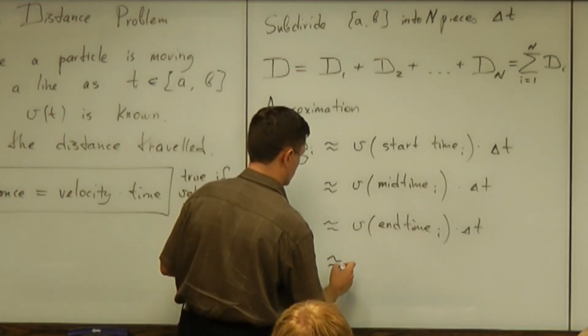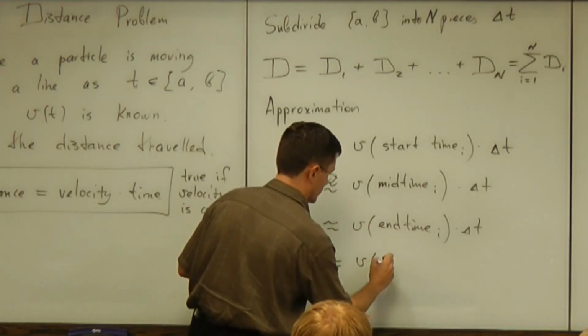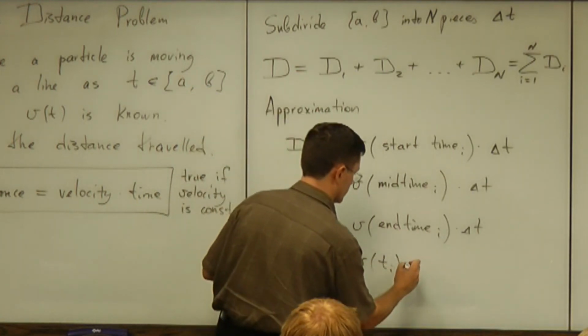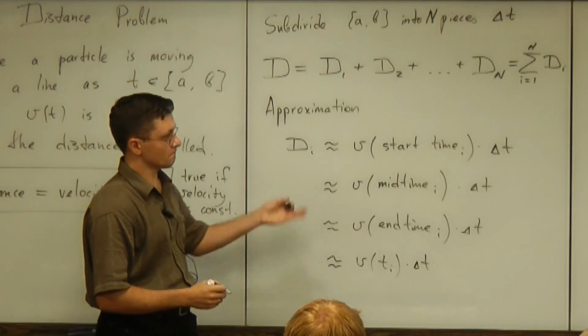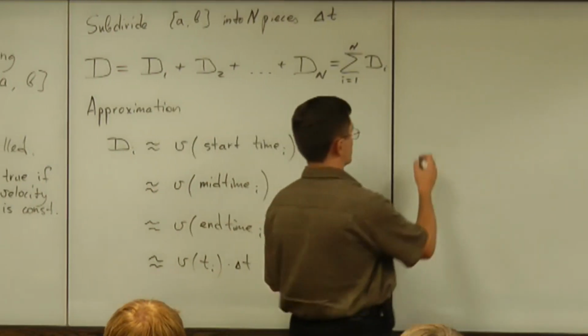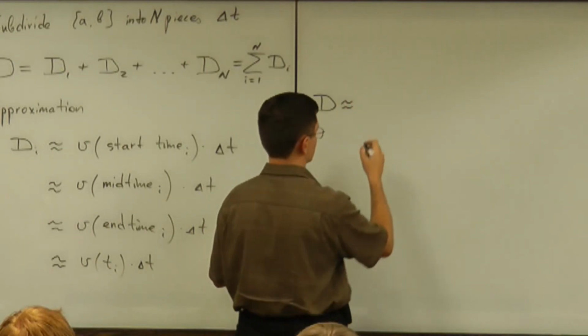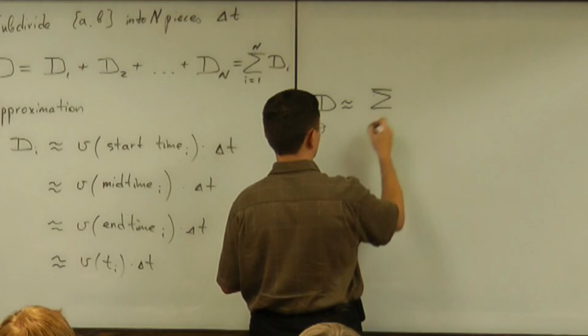And another approximation is just take velocity at any time, at some time, ti, sometime during that interval, multiplied by delta t. And then the distance is going to be approximately what?